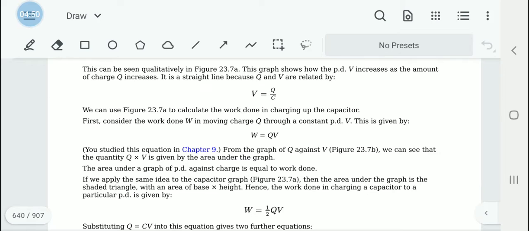So the work done in moving charge Q through a constant PD V is given by W equals QV.